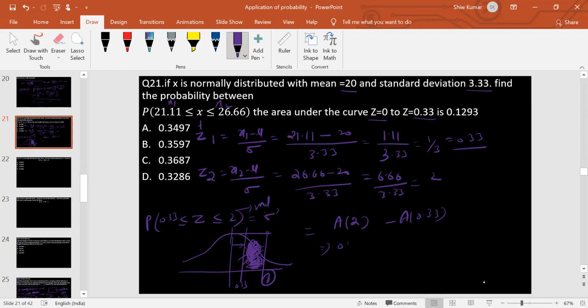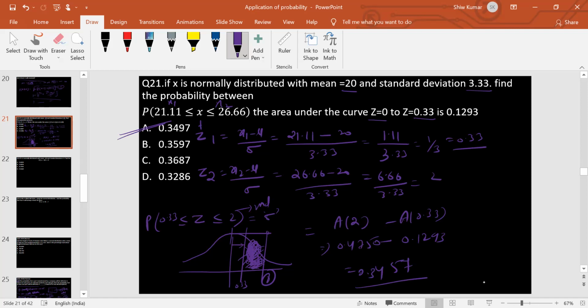So A of 2 is 0.475 minus 0.1293. Taking the difference, you will get 0.3457. So 0.3457 means the approximate answer is option A.